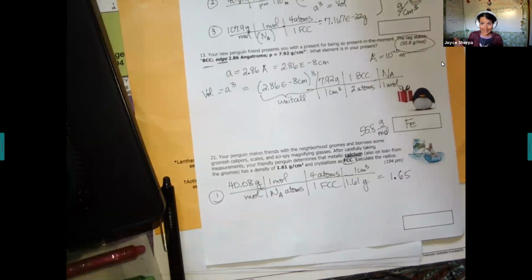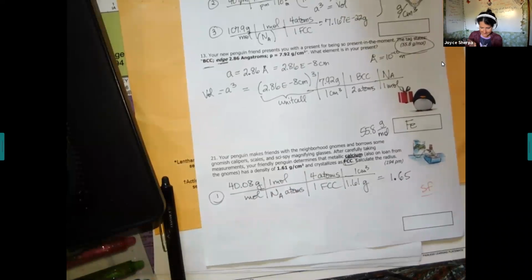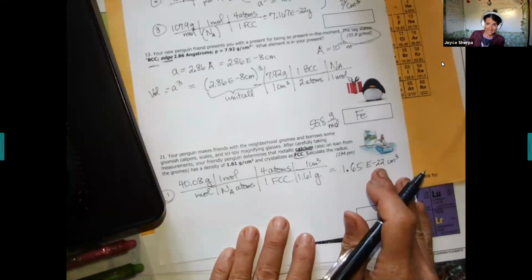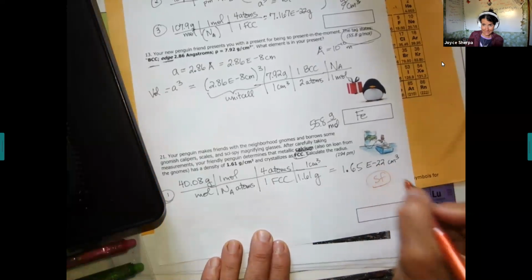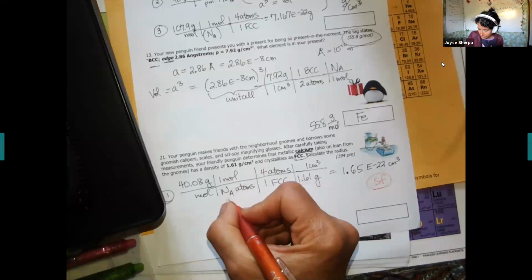That's 1.65 times 10 to the negative 22 centimeters cubed. Oh, that was the other comment I wanted to make: sig figs are important. So again, you keep seeing similar exponents on these. Please do watch and respect your sig figs. Usually you're going to have 3 or 4. My density is going to limit me to 3. Avogadro's number has 4.